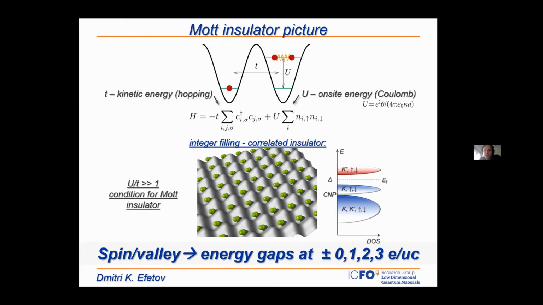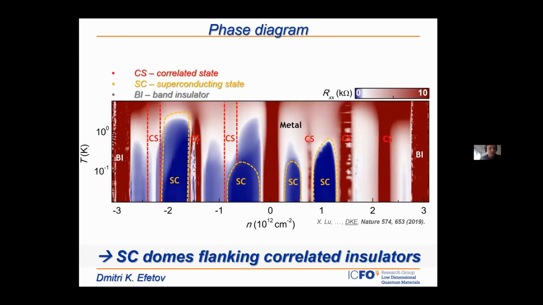So if we have 1 electron per unit cell, we can have a situation where, for example, the valley degrees of freedom are broken, or the spin degrees of freedom are broken. In broader terms, since we have SU(4) symmetry, any combination in this phase space is possible.